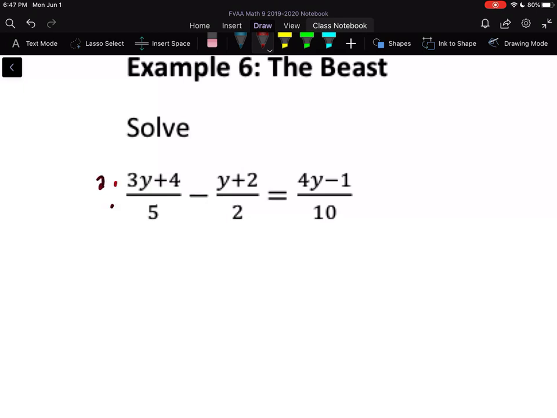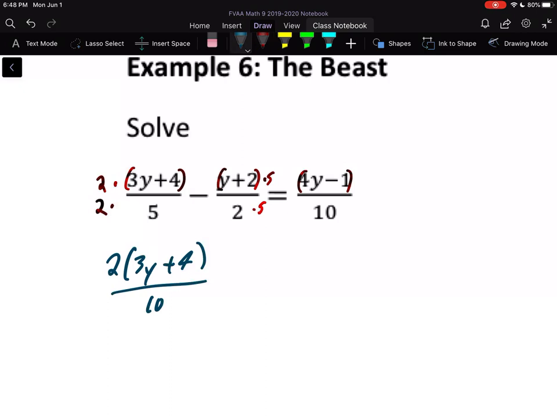So I multiply this one by 2, which is going to give me 2 bracket 3y plus 4 over 10. And then here, the numerators are in brackets, and this is times 5, because my common denominator is 10. I want a common denominator across my equation. So this is minus 5 bracket y plus 2 over 10 is equal to 4y minus 1 over 10.